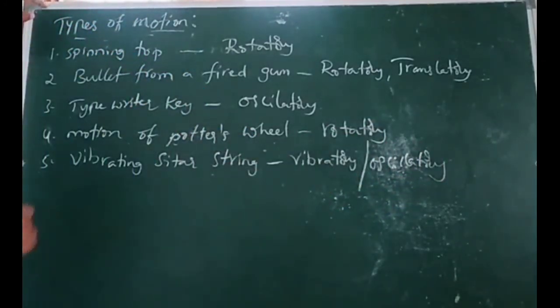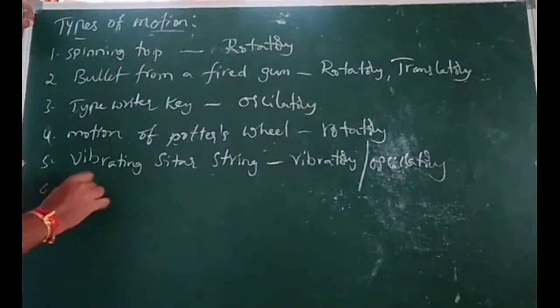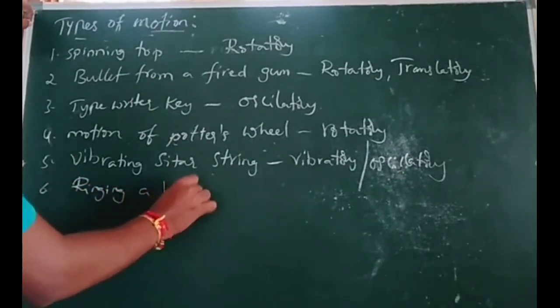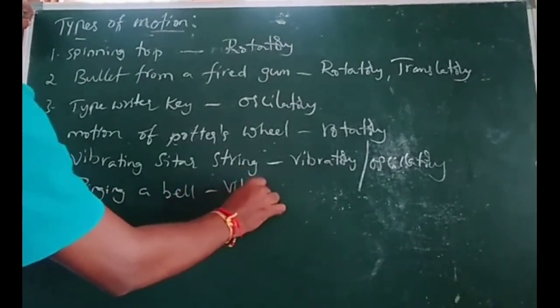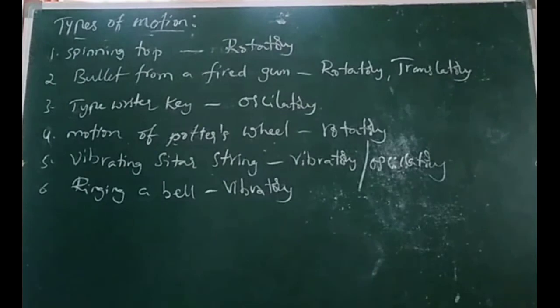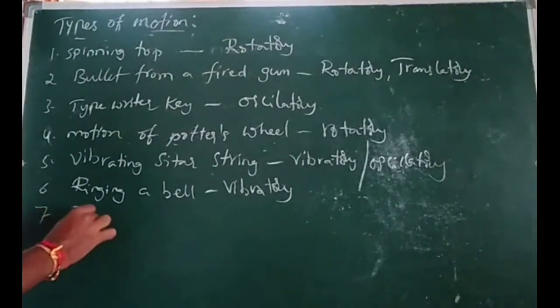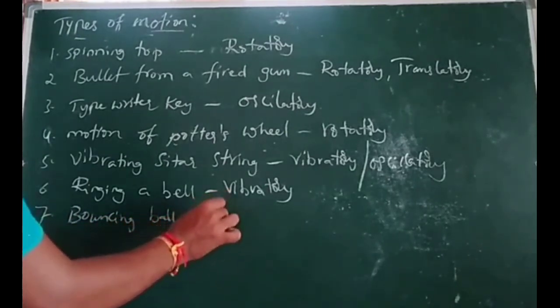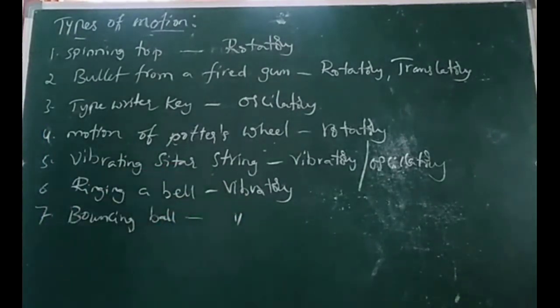Ringing a bell is also vibratory or oscillatory. A bouncing ball, finally, also comes under the category of oscillatory or vibratory.